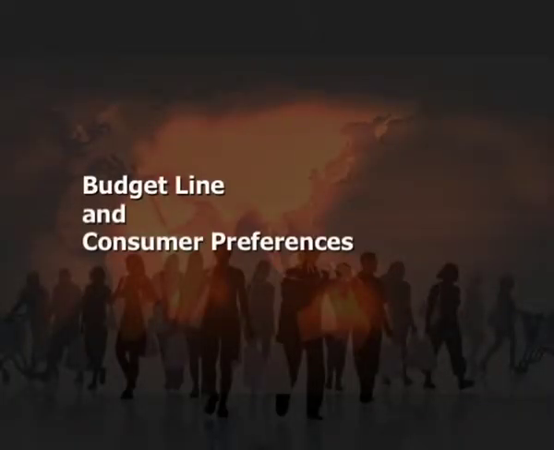Our next topic is budget line and consumer preferences. A budget line, or more technically a budget constraint, is an important component when analyzing consumer behavior. It is also known as price line, as the budget line illustrates all the possible combinations of two goods that the consumer can buy at given prices and available budget.